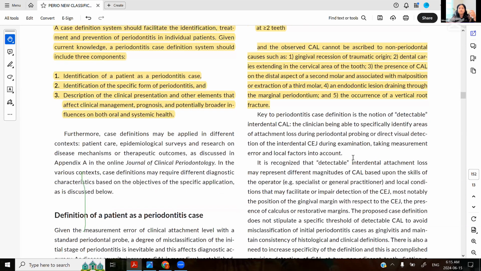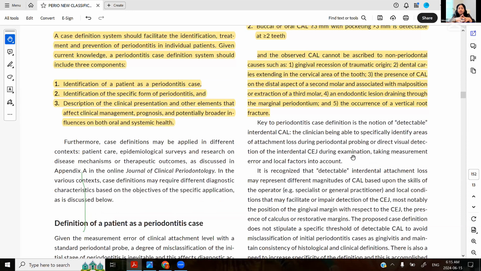That's why when we did the BPE scoring based on the findings, we established the periodontitis. And if we are given the scores, we did a question where the BPE scores were 3 and 4 and asterisks. And we performed the full assessment of the periodontal assessment and charting for them, right? Now, you will observe that the clinical attachment loss cannot be ascribed to non-periodontal causes.